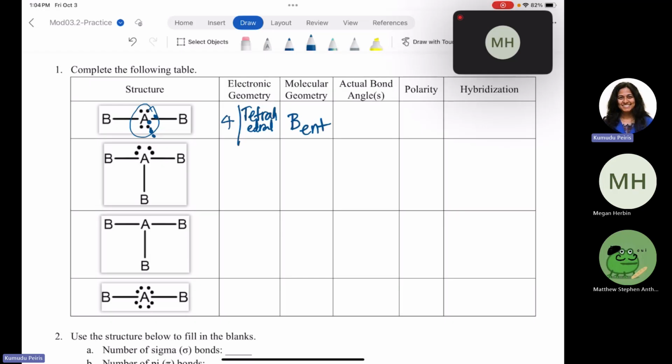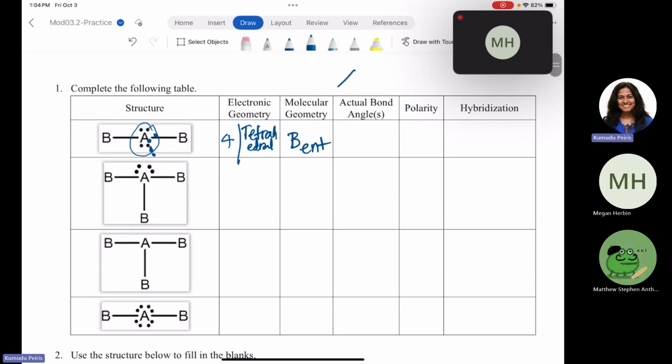Right. The actual bond angle. If it is tetrahedral, the typical bond angle will be 109.5, but this one is different. If I draw it, A, these are the lone pairs and here are the two Bs.